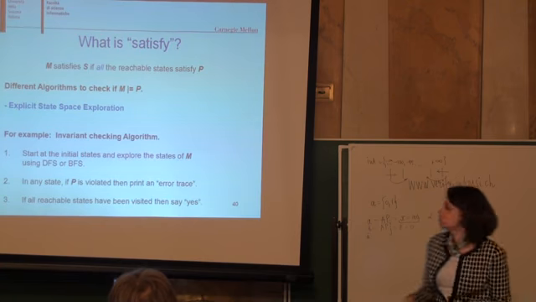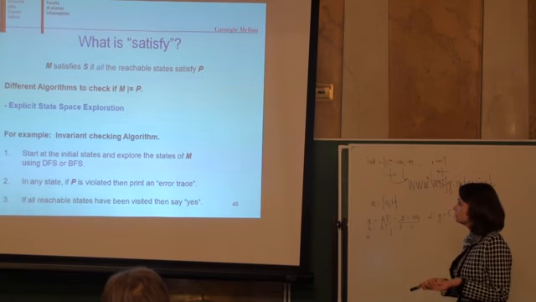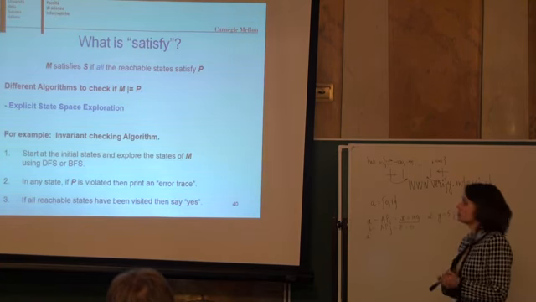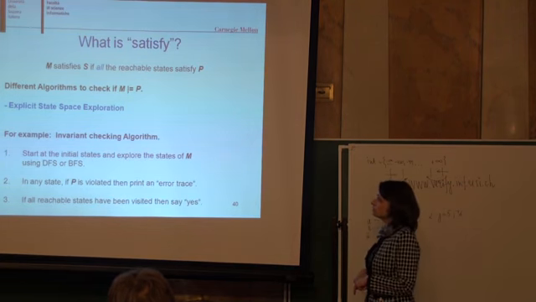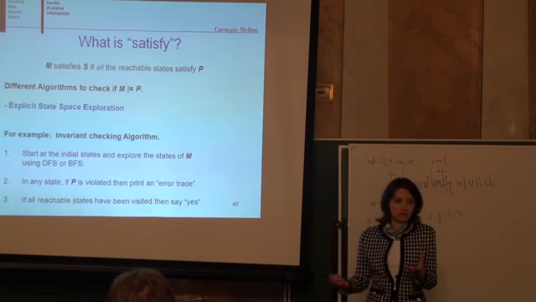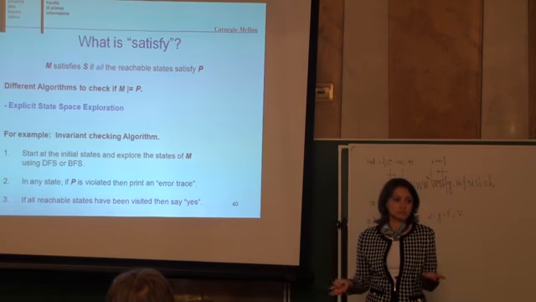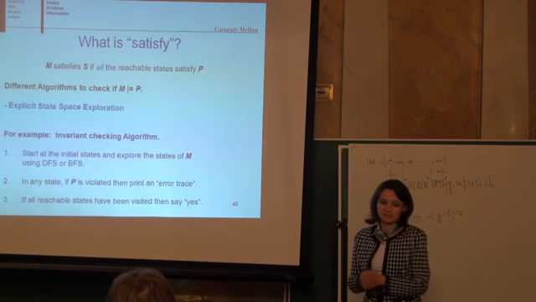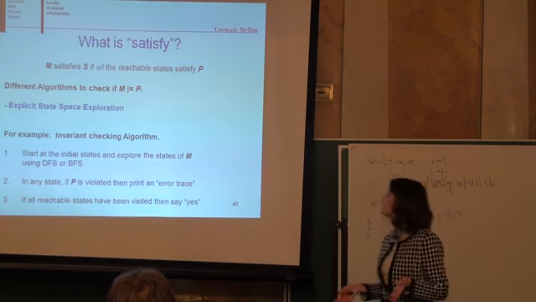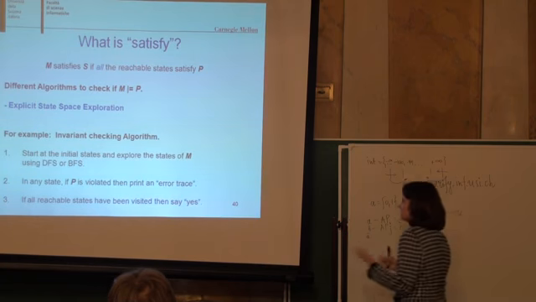Okay, so essentially I showed you having a finite state machine and having a property, I would be able to compare one against another by graph traversal. There are many different algorithms, so I'm giving you the simplest one, which is called invariant checking.